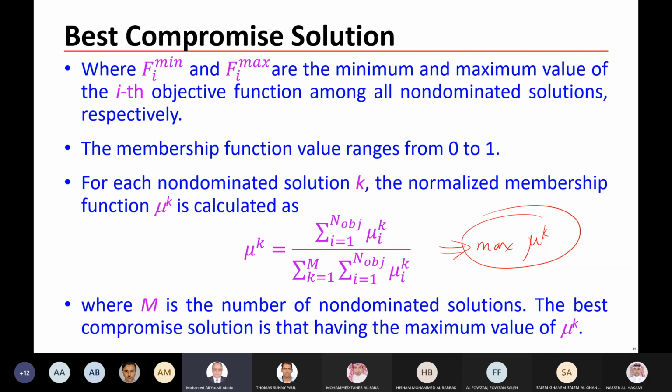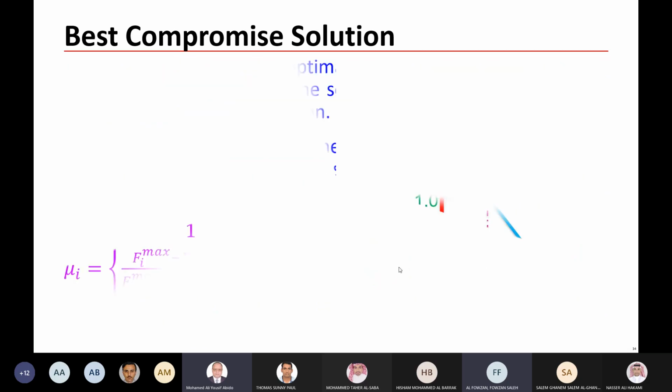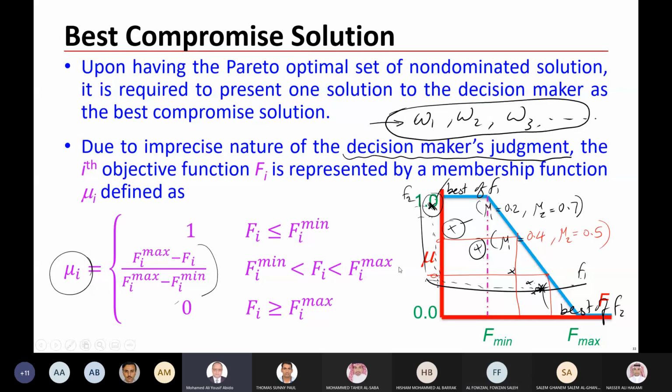Yes, Al-Fawzan, you have a question. Yes, question, Doctor, about the previous slide. There is a membership function.